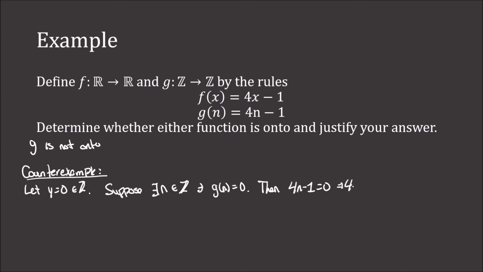Add 1, we get 4n is equal to 1. Divide by 4, we get n is equal to 1/4. But this is not an integer, right? So we're saying that n is an integer and n is not an integer. That, my friends, is a contradiction. So there is no such n, so g is not onto.